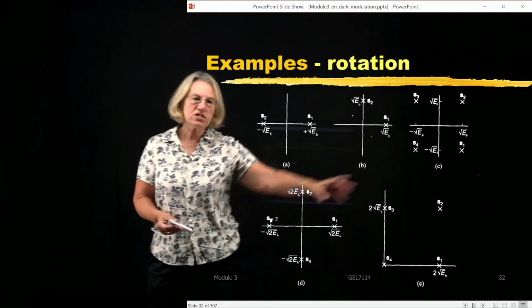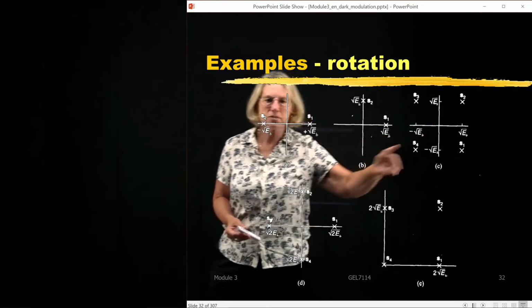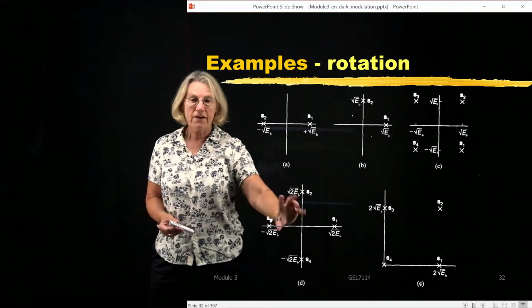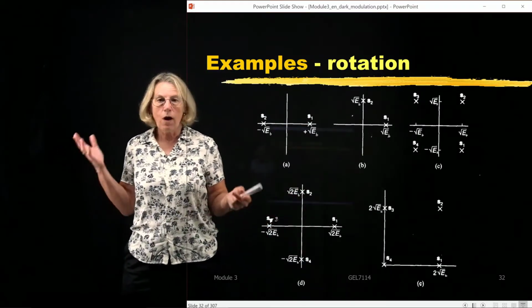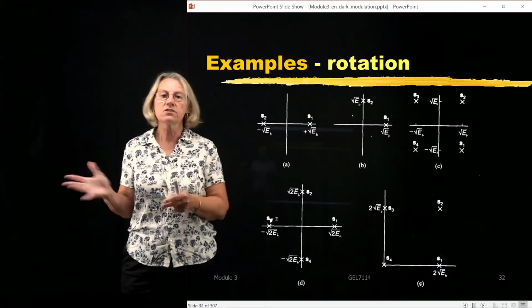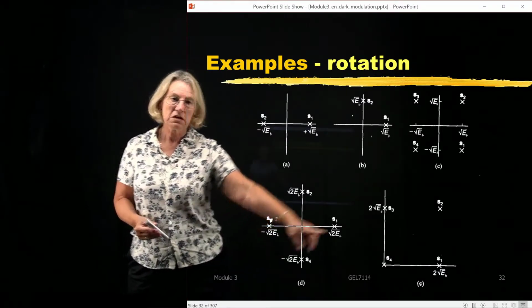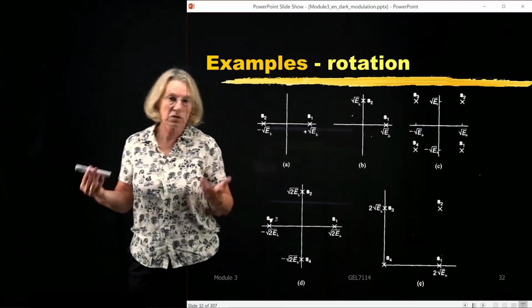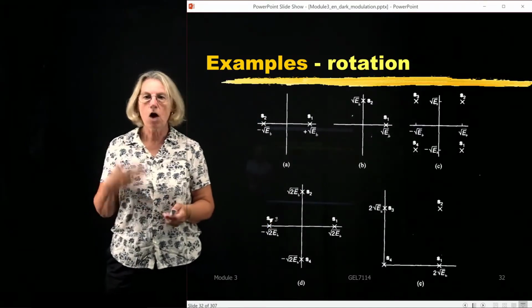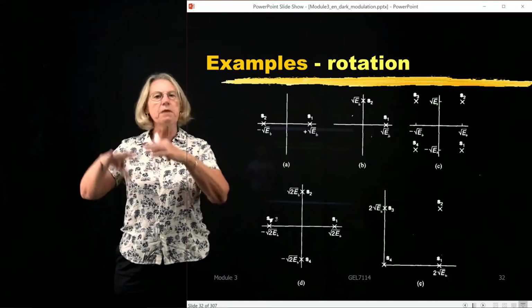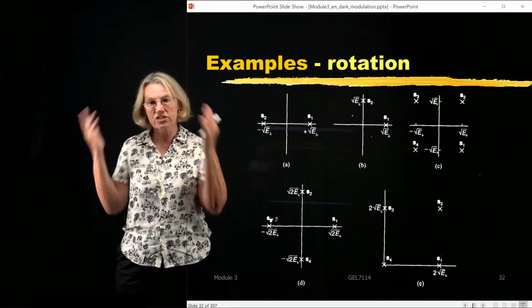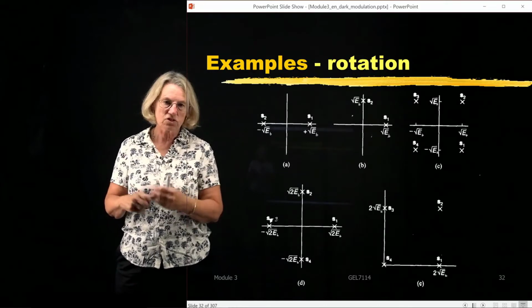For instance, if I just take these same 4 points but rotate them, then I could use this representation. So why would I use in QPSK in signal space this representation versus this representation? And what is the impact of having a rotation of a constellation? Constellation, that's what I mean by the collection of points, the collection of symbols in the signal space.